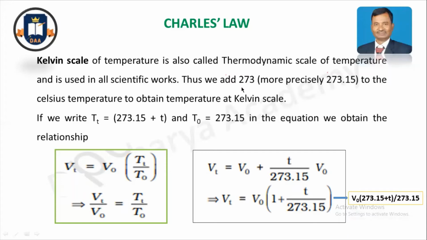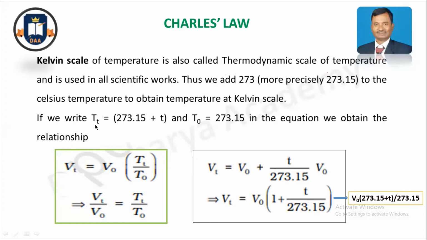As I already told, roughly we take the value 273, and if you add this to the Celsius temperature, you will get the temperature on the Kelvin scale. So we can write capital T subscript small t, which means we are converting the Celsius temperature to obtain the absolute temperature.